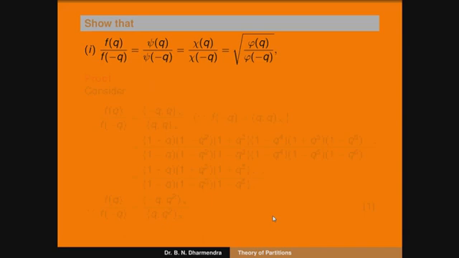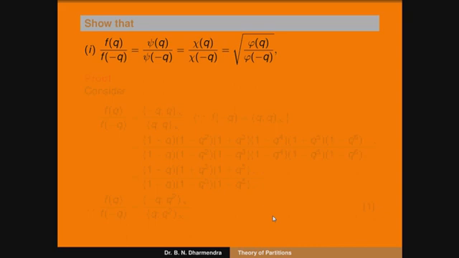We can find the value of f of q divided by f of minus q, and similarly the values in terms of xi of q divided by xi of minus q, and chi, and the square root of phi of q divided by phi of minus q.